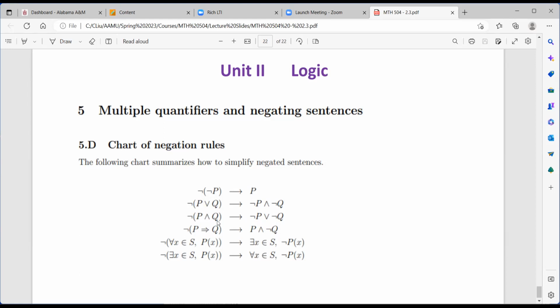And we talked about this also before, the negation of a conditional statement or sentence, P implying Q, is the same as P conjunction with the negation of Q.